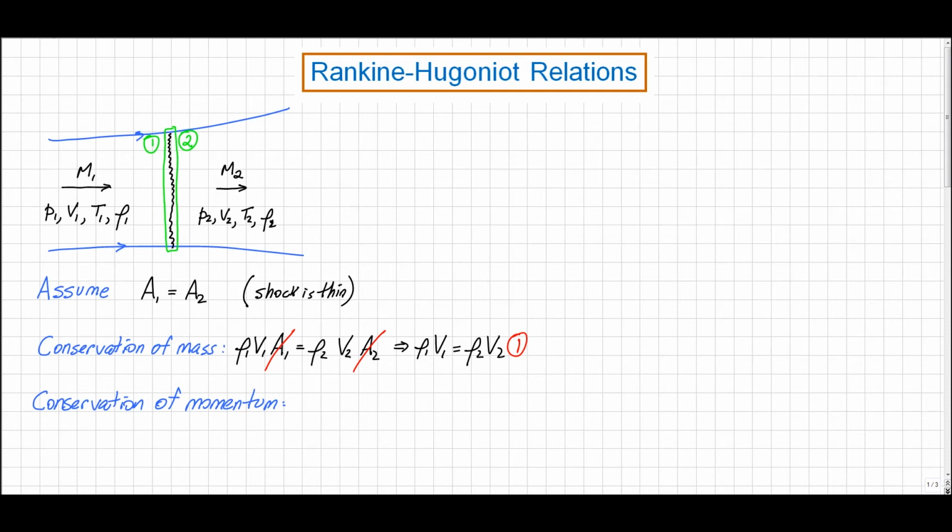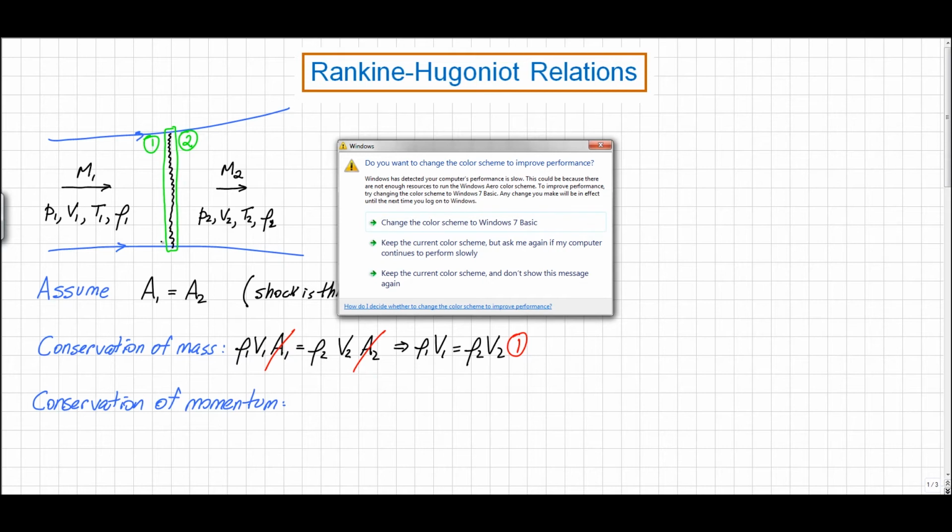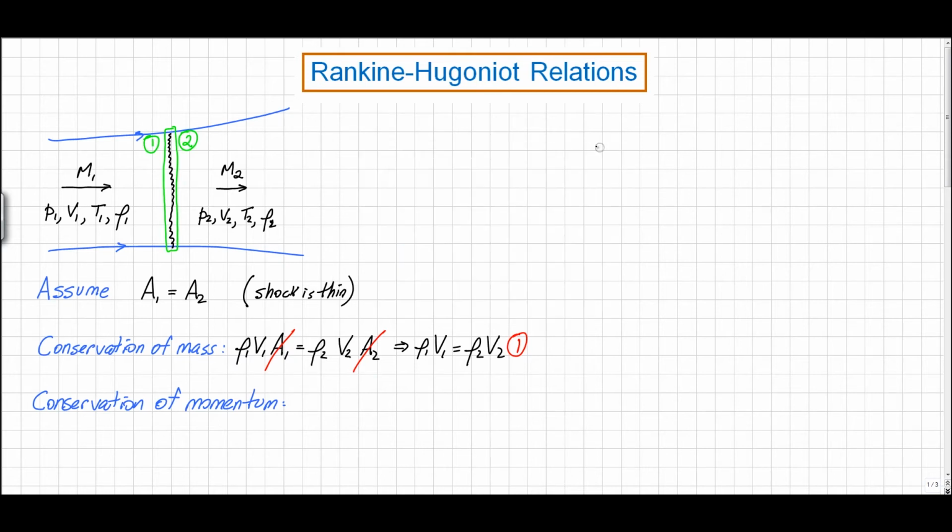So the only forces acting on our control volume are going to be the pressure force acting on the upstream surface, which is going to be in the downstream direction, so that force is going to be the pressure acting over the area, so P1A1. And the force acting on the downstream side of the control volume is acting in the opposite direction, so we're going to have minus P2A2, and that must equal the change in momentum.